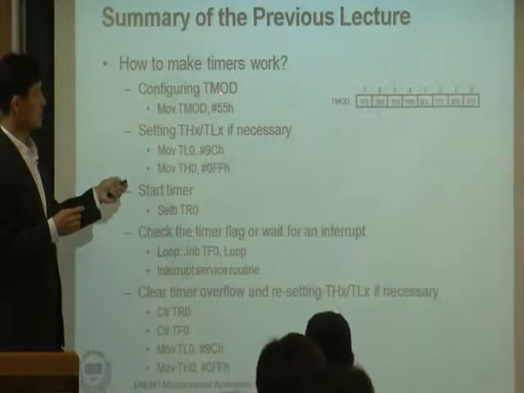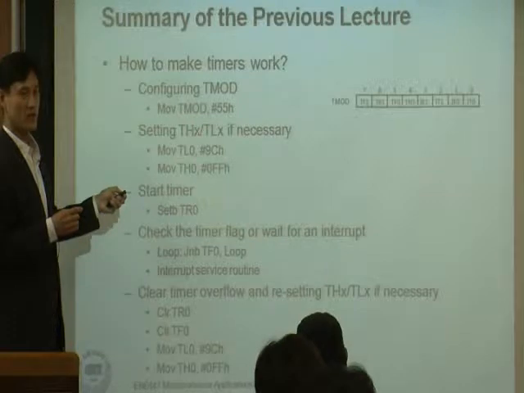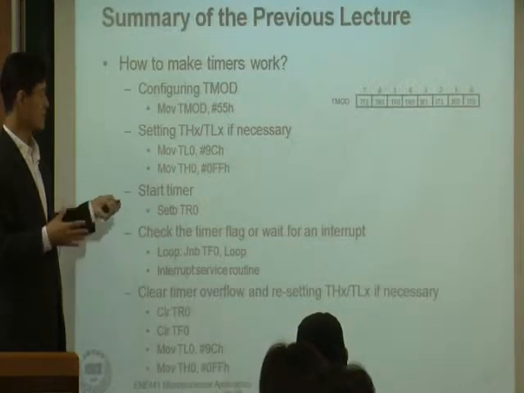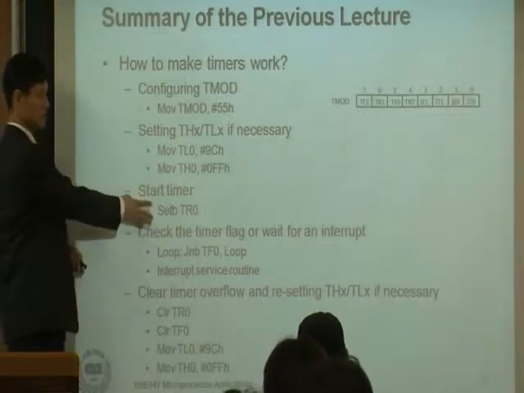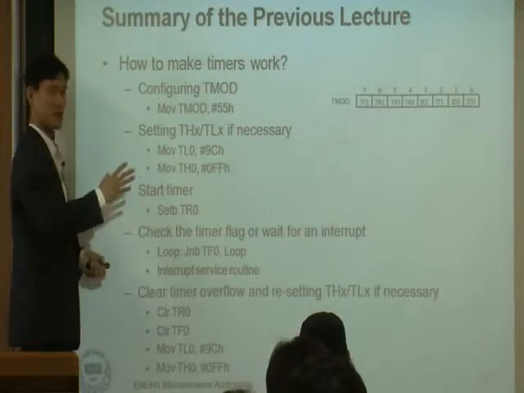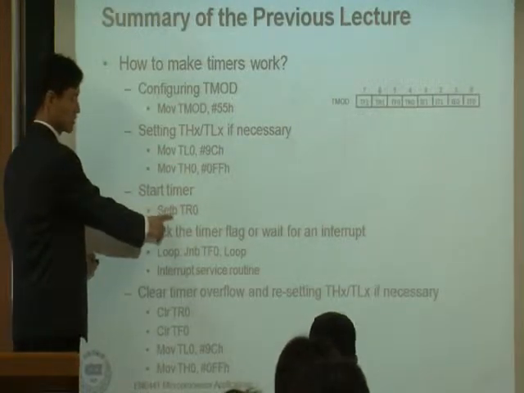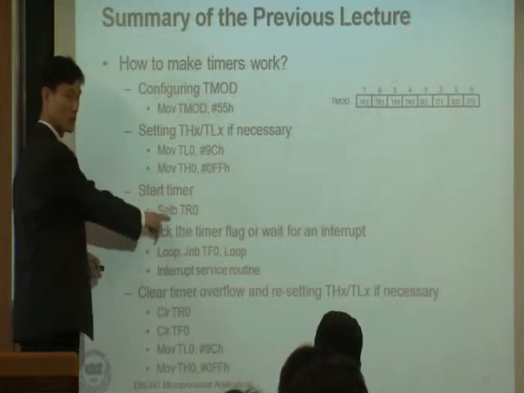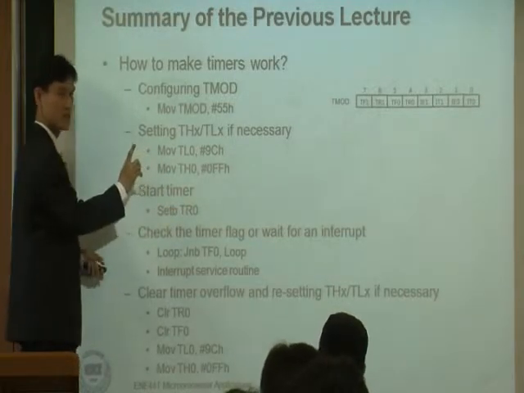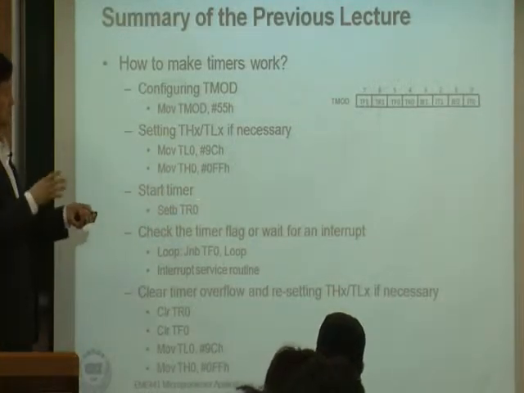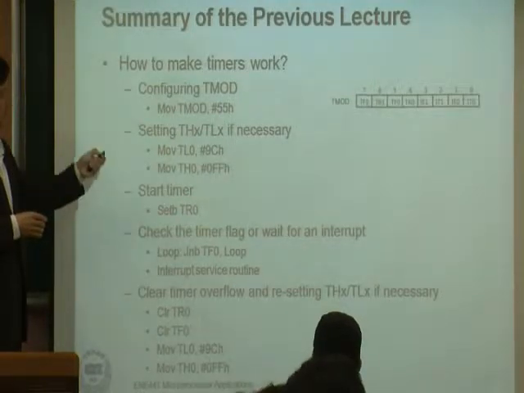Once you program TMOD and the initial value, now we are ready to run the timer, so you run it. This is the instruction to run the timer. SETB means you are setting only this bit, 1 bit. So this is 1 bit, TR0. So you run the timer like this. Once you do this, the timer runs.